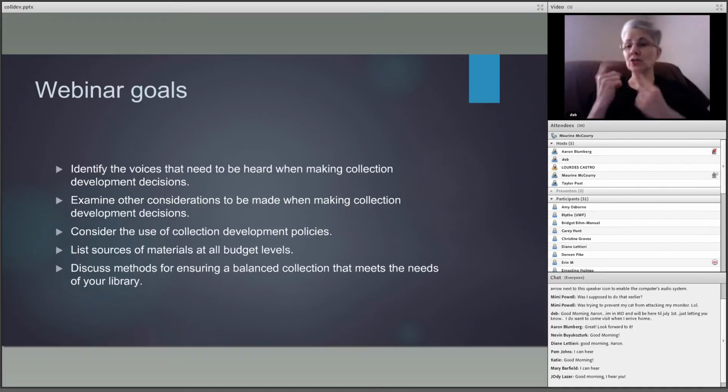I want to consider the use of collection development policies. My take on collection development policies is definitely reflective of what we do here at Hillsdale, and it's slightly different from what you will hear in similar presentations. We'll get into that. I want to list the sources of material that I would use at all budget levels. I've been in this position long enough that I've seen a variety of budget situations.